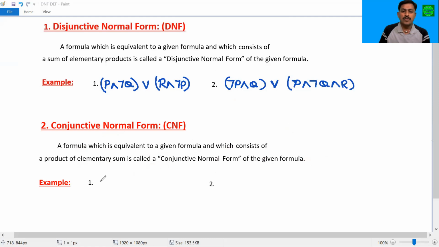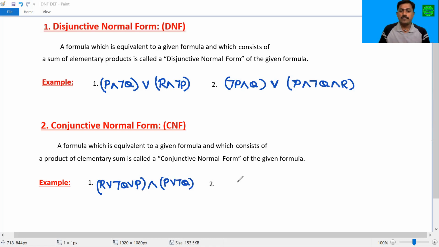We know the definition of elementary sum: variables and negations of the variables, and in between them, if you consider the disjunction symbol, it is called an elementary sum. And this is also an elementary sum. In between them, if you consider a product, then it is called conjunctive normal form.